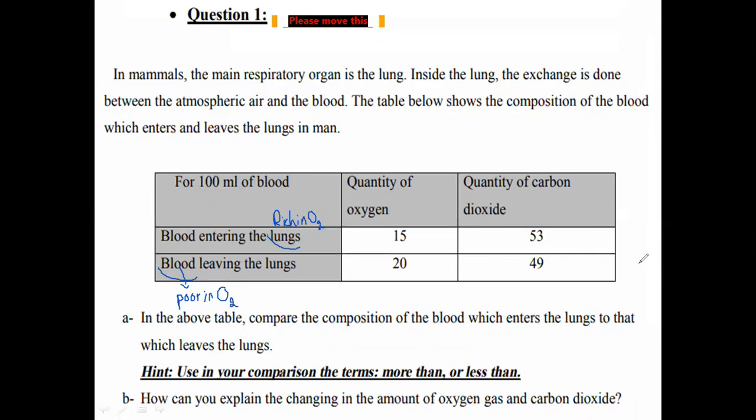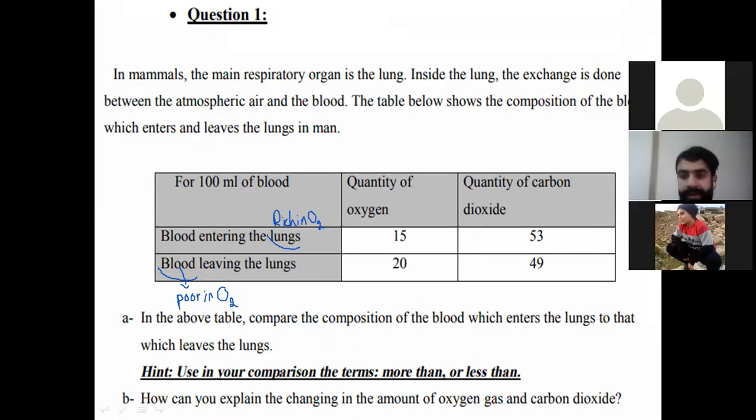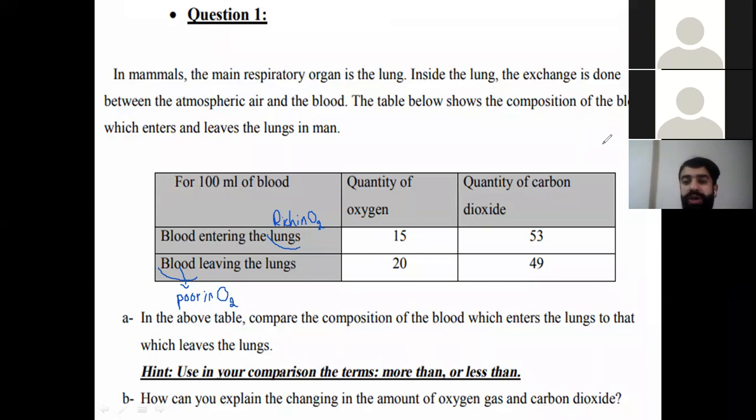I want you to say the conclusion. The conclusion is related to diffusion. So from where to where did the diffusion occur? From the lungs to the blood or from the blood to the lungs?